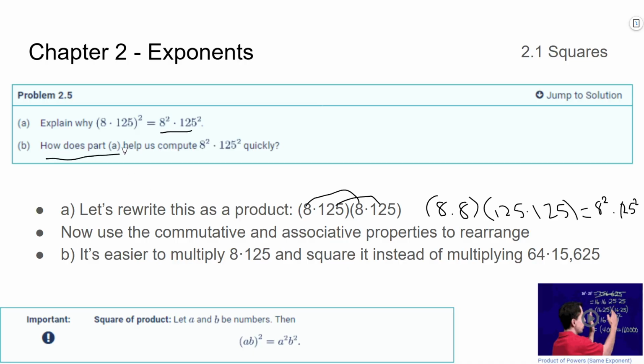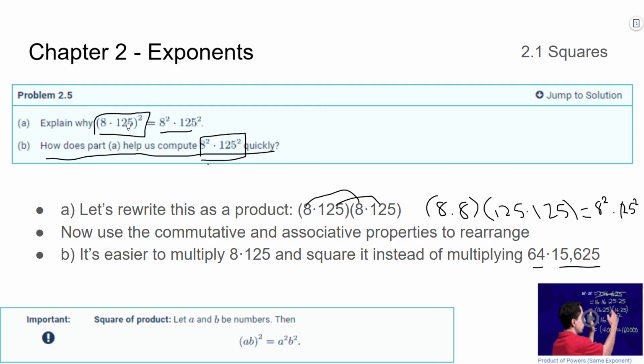Okay, so how does part A help us compute that quickly? If someone asks you what is 8 squared times 125 squared, well, that might be kind of difficult to multiply, 64 times 15,625. I can't do that in my head. So instead, I know that 8 squared times 125 squared is the same thing as 8 times 125 all squared.